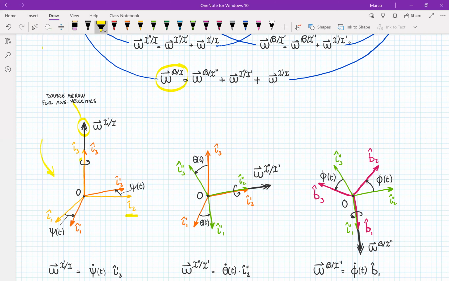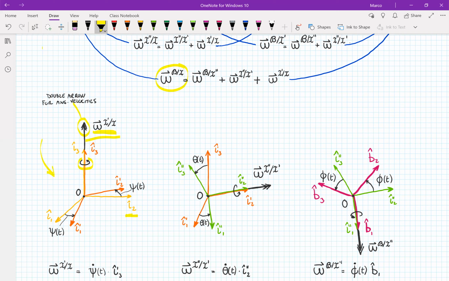So you can see the rotation is about the z-axis. And so we have the angular velocity, that is this vector over here. And this is the angular velocity of I prime with respect to I, because we're going from I to I prime. So it's I prime rotating about I.